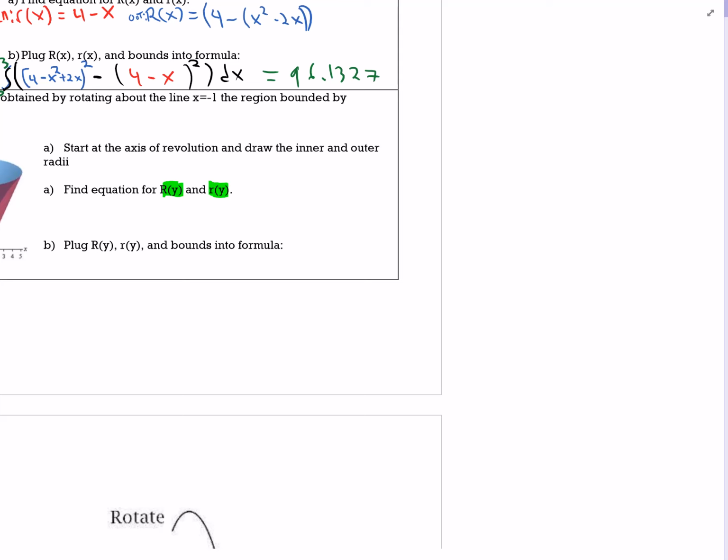So let's start by dividing by 2 on both sides, and we're going to get y over 2 equals square root of x minus 1. Then we can square both sides, and we'll get y squared over 4 equals x minus 1. And then we can add 1 to both sides, so we'll get x equals y squared over 4 plus 1, right?